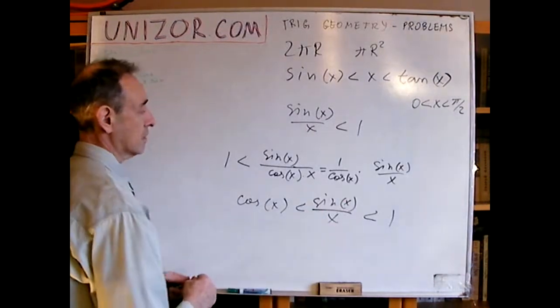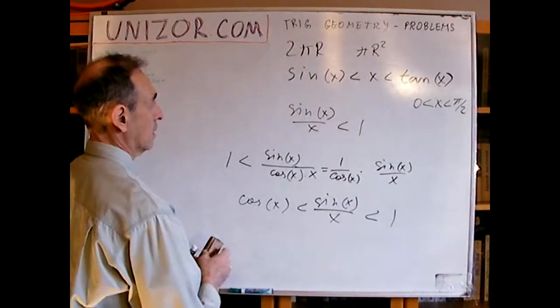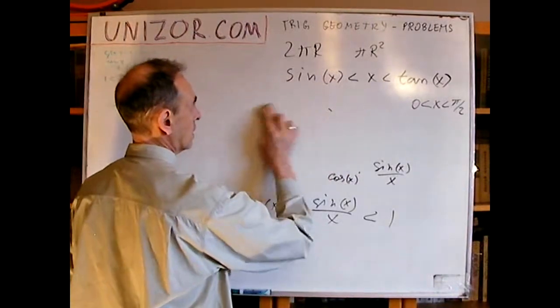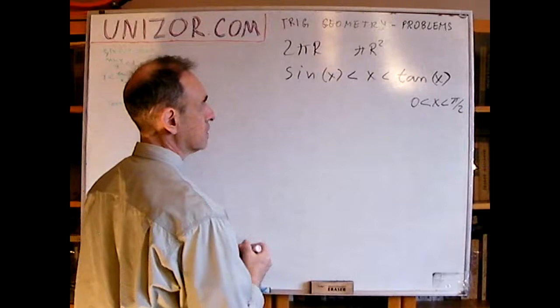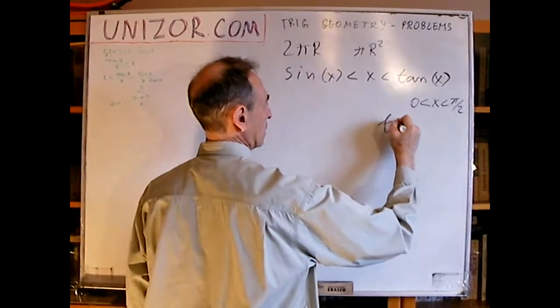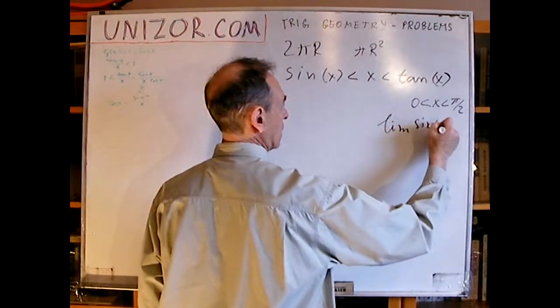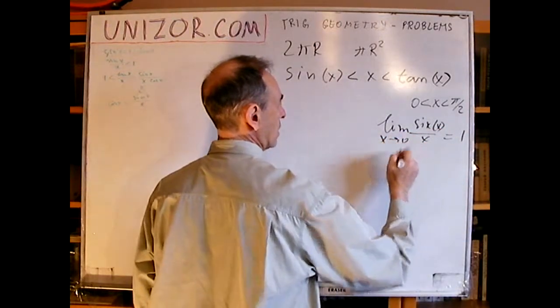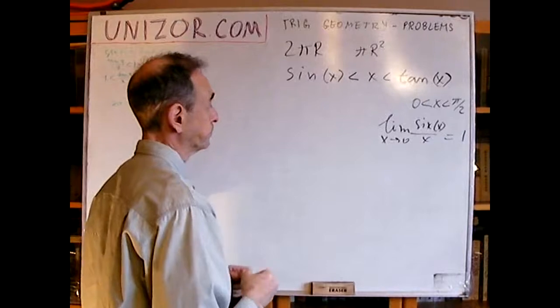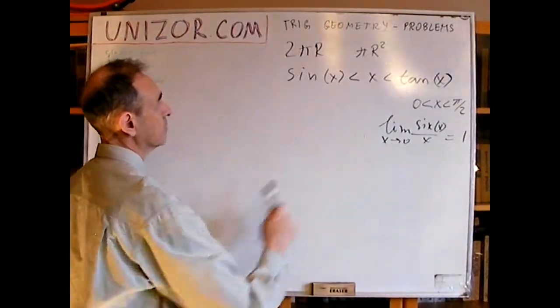So let's just have this on a side, and I will put it here, that the limit of sine of x over x is equal to 1 as x goes to 0. Alright, so we'll keep it in mind.